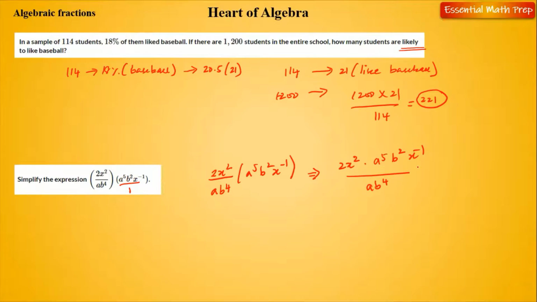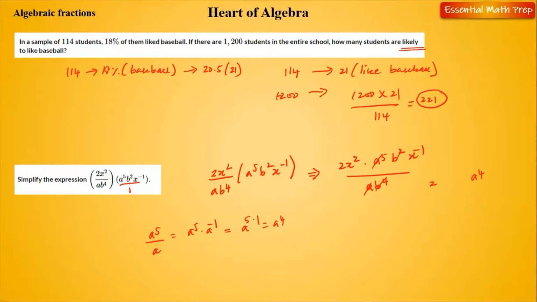So that means we can take this x to the minus 1. There's two ways to do it. Okay, one is you can first cancel out the a to the 5. We know how we do that, right? So a to the power 5 over a would be the same as a to the power 5 times a to the negative 1. Since the bases are the same, it's a to the 5 minus 1 equals a to the 4. So this would give us a to the 4. You can retain the 2 as it is.